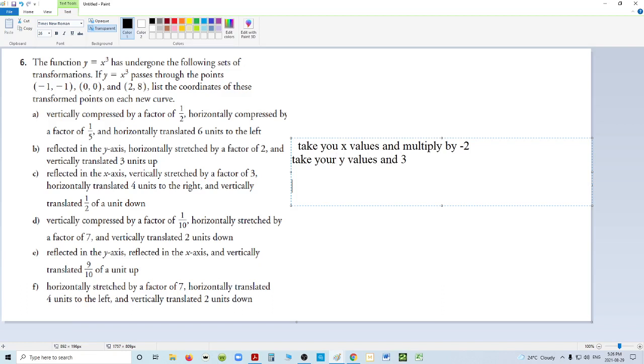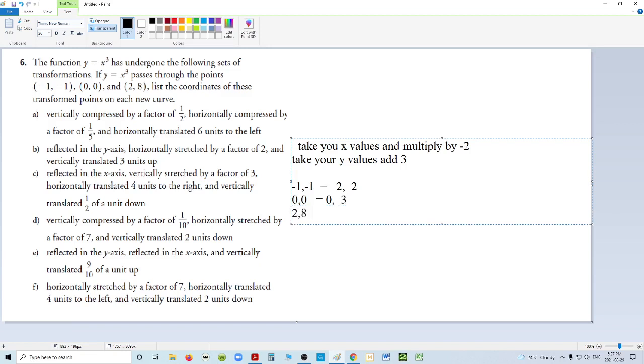So if I do that with minus 1 comma minus 1, and I multiply the x values by minus 2, I get 2. And my y values, I think they said add 3, right? Yeah, add 3. My y values become 2, so that first one becomes 2. 0, 0 becomes 0 when I multiply by minus 2, and when I add 3, 3.